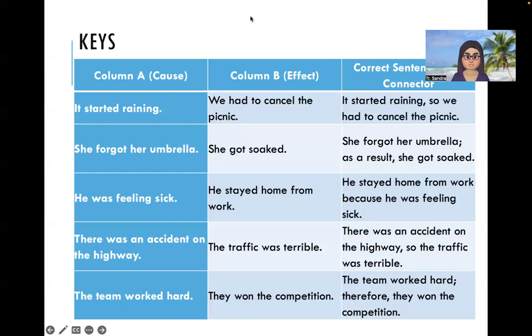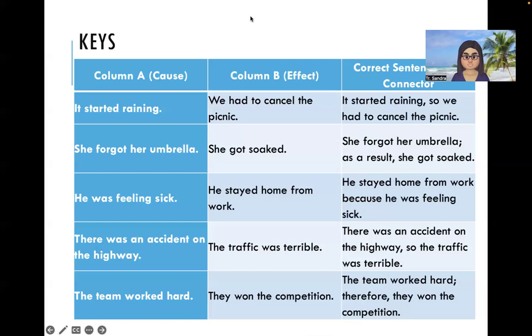It can go between two independent clauses, and you have to use it with a comma. So for example, it was raining, so we stayed inside. So like this, we have to use a comma. But remember, we don't normally use so at the beginning of a sentence in formal writing.